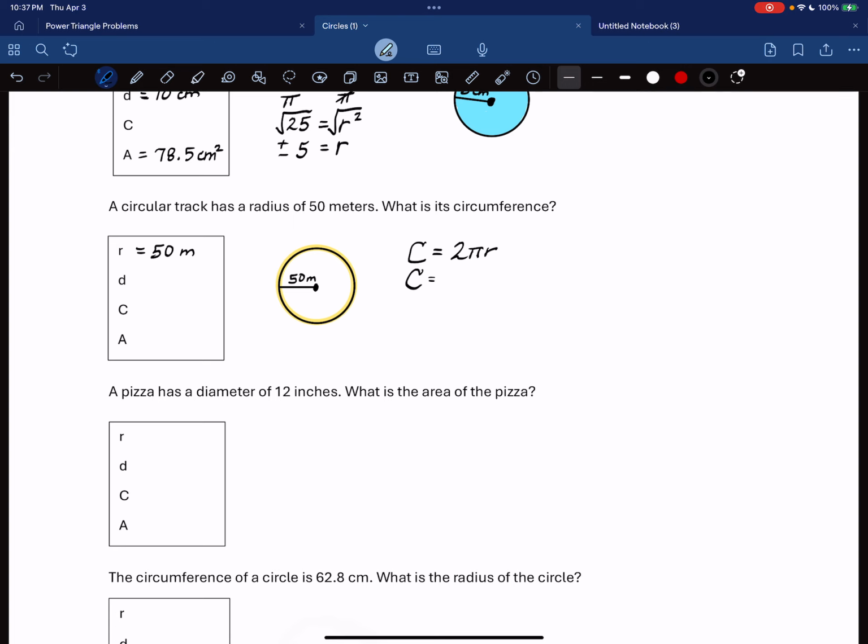So circumference is 2 times pi times 50, and 2 50s give me 100, and then we will substitute pi. So 100 times 3.14, and that is approximately 314 meters around this circle.